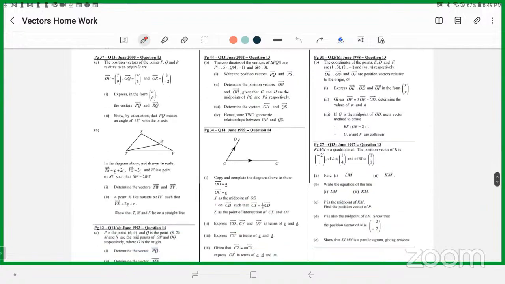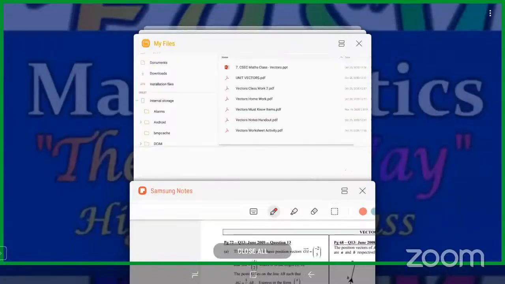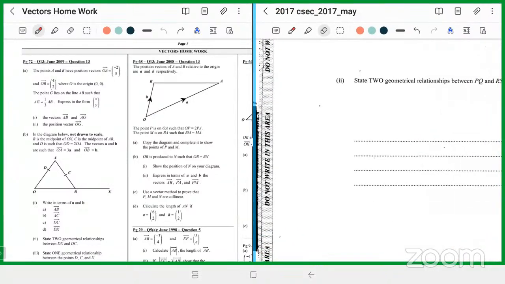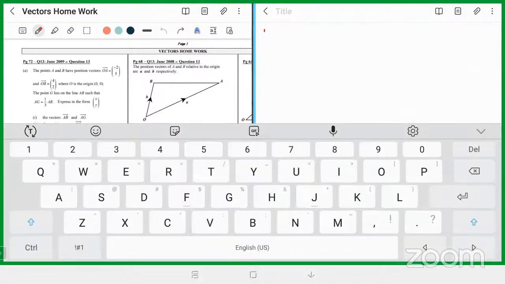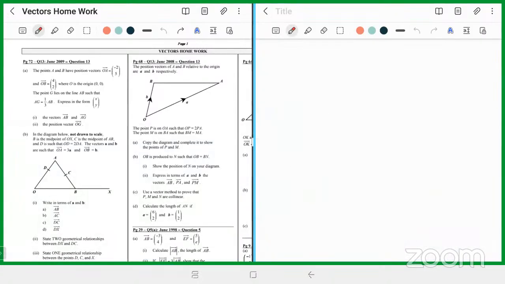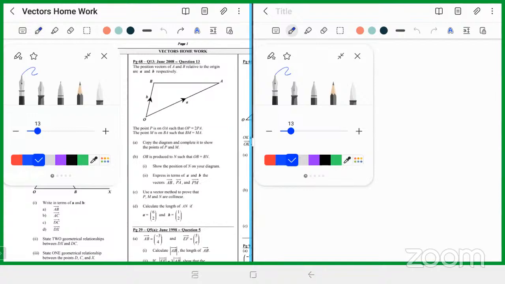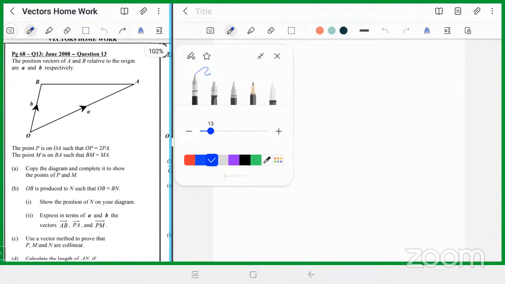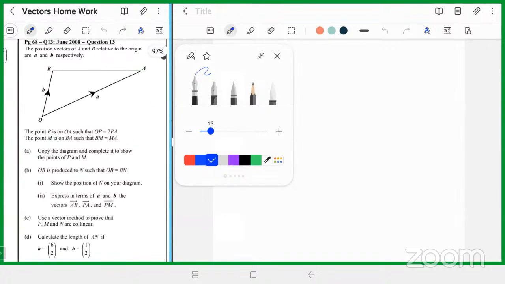All right, let's go. Let's split the screen. We want to do this question right here on the screen.